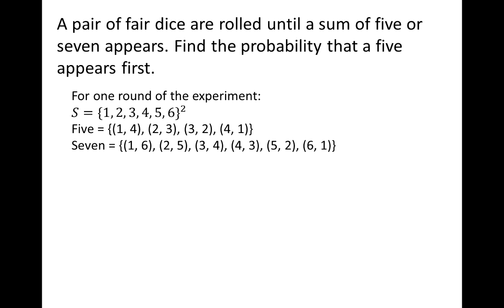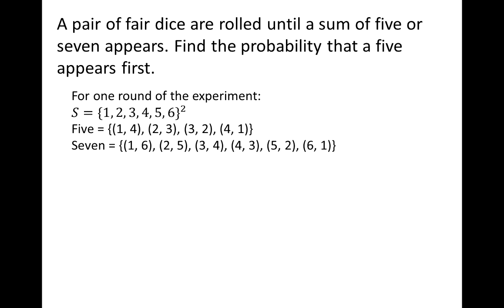For one round of experiment, the sample space is given by the possible outcomes of the 2 dice. If we want to get a sum of 5, there are 4 possible outcomes: 1,4; 2,3; 3,2; and 4,1.